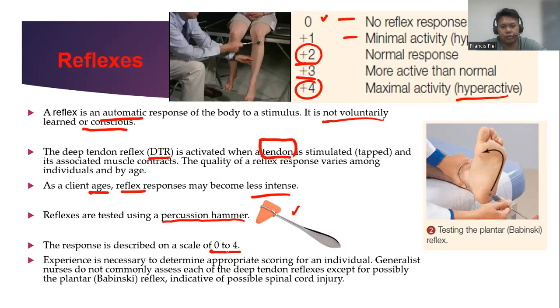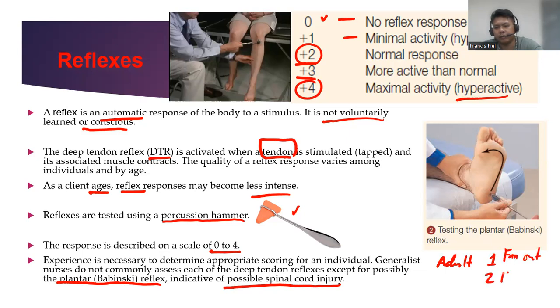What nurses usually test is the Babinski reflex, or the plantar reflex, which can indicate a possible spinal cord injury. When we check adults, which do you think is abnormal: number 1, fan out, or number 2, fan in? Type in the chat box.